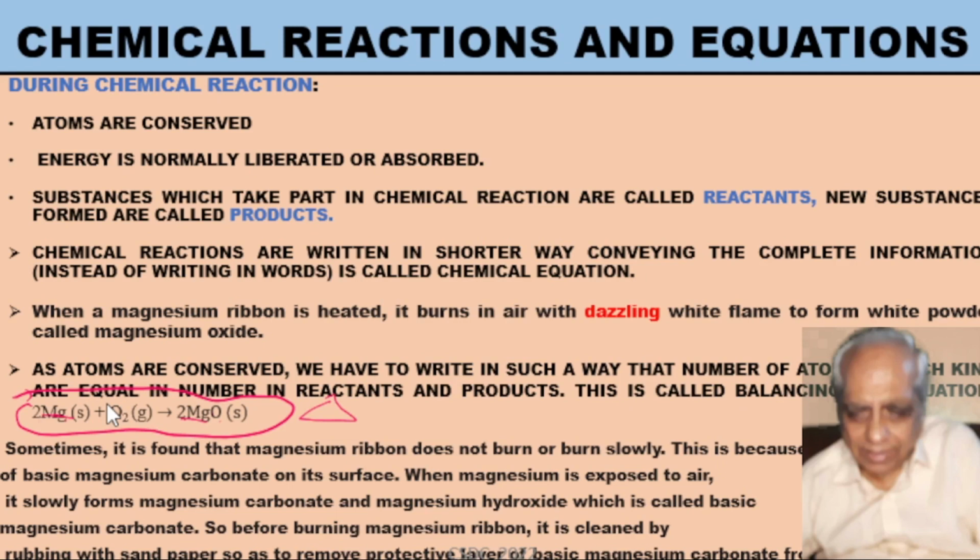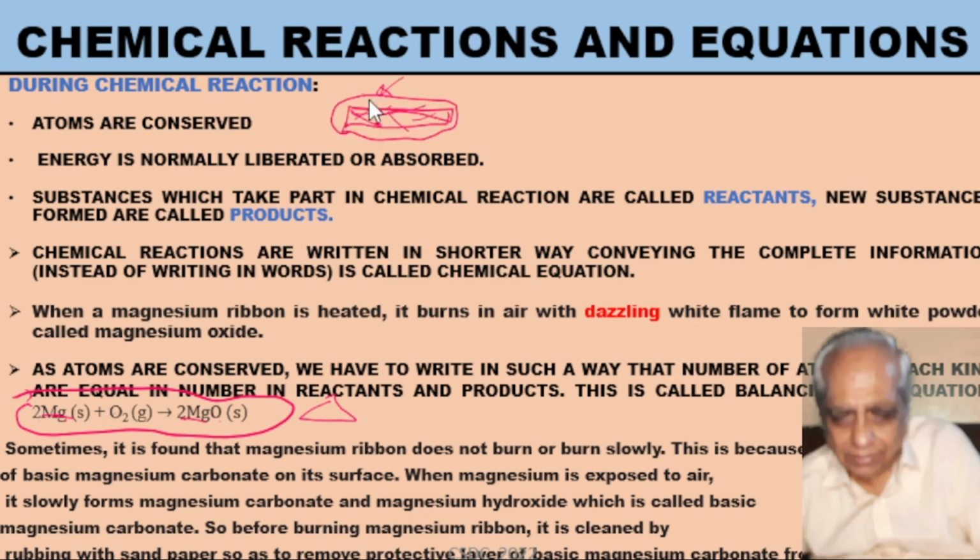So now oxygen from the air is coming in contact with magnesium hydroxide and magnesium carbonate, which we call basic magnesium carbonate. So the atmospheric oxygen is coming in contact with basic magnesium carbonate, so the reaction is not taking place. If I rub and clean this external surface, then you will see that the magnesium ribbon will burn. Is it alright? So that is why we sometimes clean the magnesium ribbon with sandpaper.